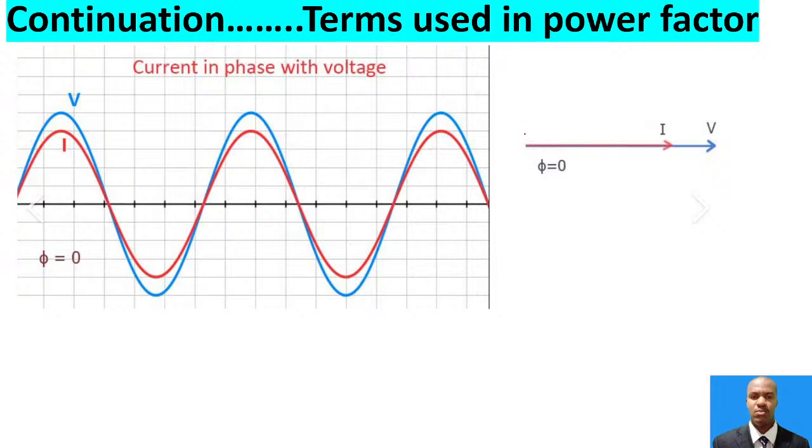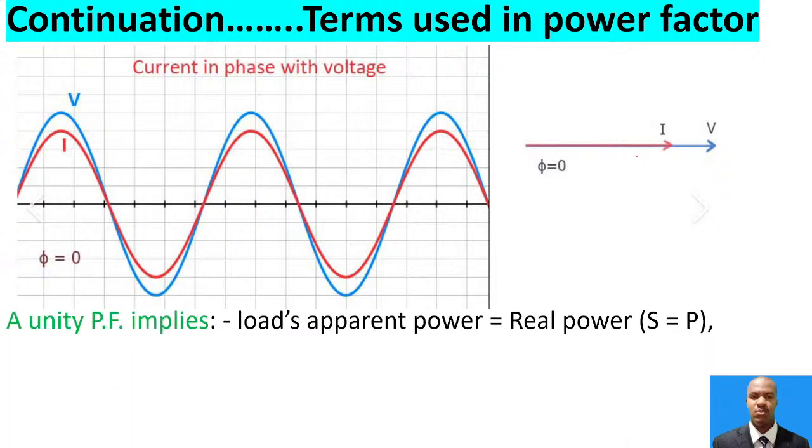When we are at unit power factor, we'd say that the angle is equal to 0. So that means there is no difference in phase because the angle is equal to 0. So both the voltage and the current are moving along the same path. They are traveling along the same path with no difference in terms of the angle.